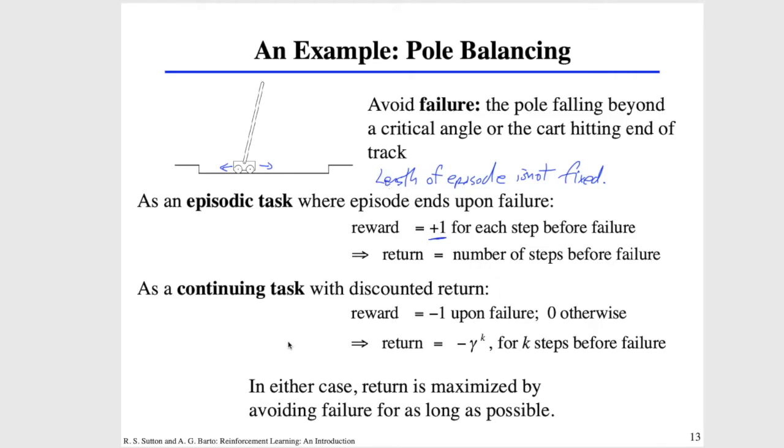And if you wanted to set it up as a continuing task, you could give it -1 whenever it falls and just say, well, as long as it hasn't fallen, I'll give you 0. But then you discount it and say, I'm not worried so much about infinitely far in the future, just worry about it not falling down right now, right? And so it'd really be aiming for 0 here and not getting any negatives.